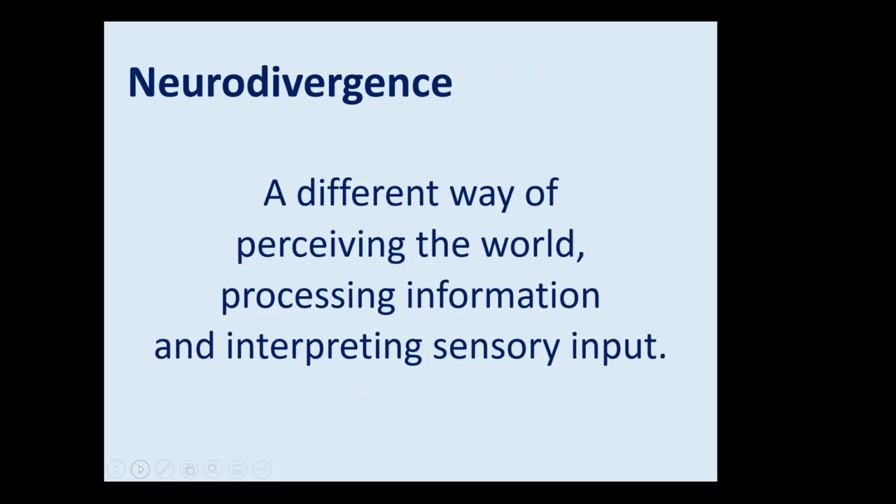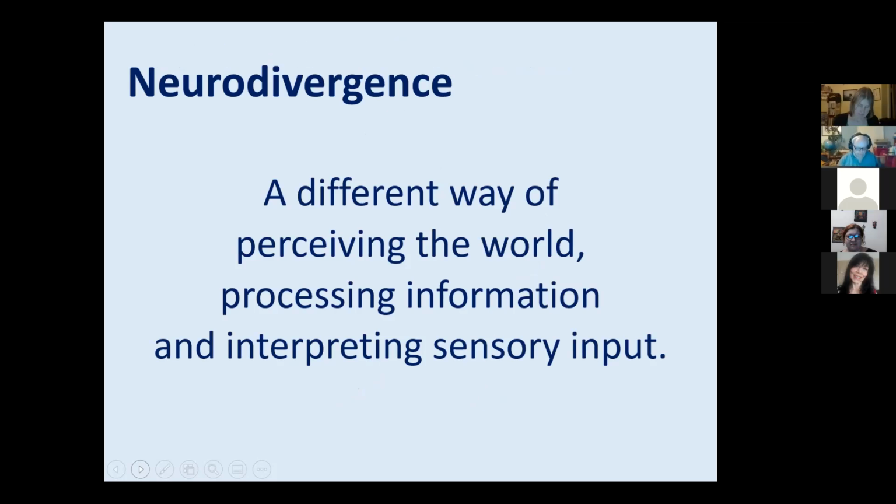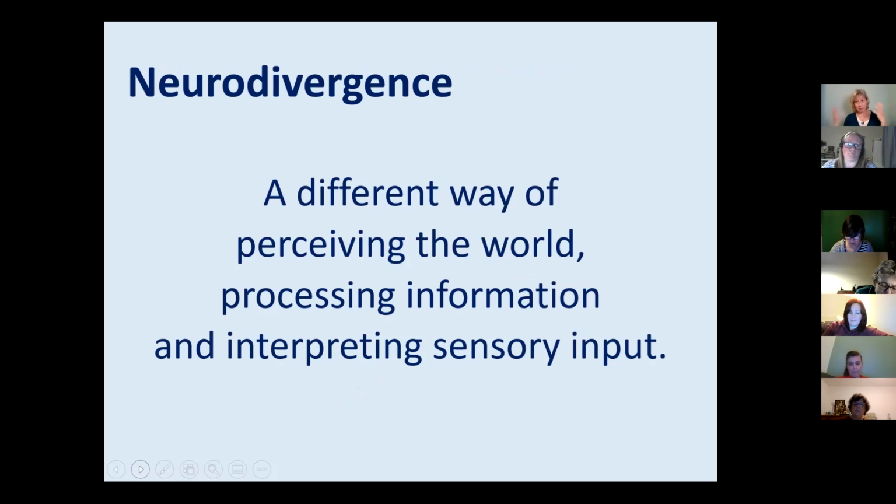So it's a different way of perceiving the world. It's a different way of processing information, and particularly of interpreting the sensory input that's coming into us all the time. We are constantly monitoring our environment, whether we know it or not. But the way that we interpret that data, for some people, is quite unusual. It's quite different from the majority of the population.